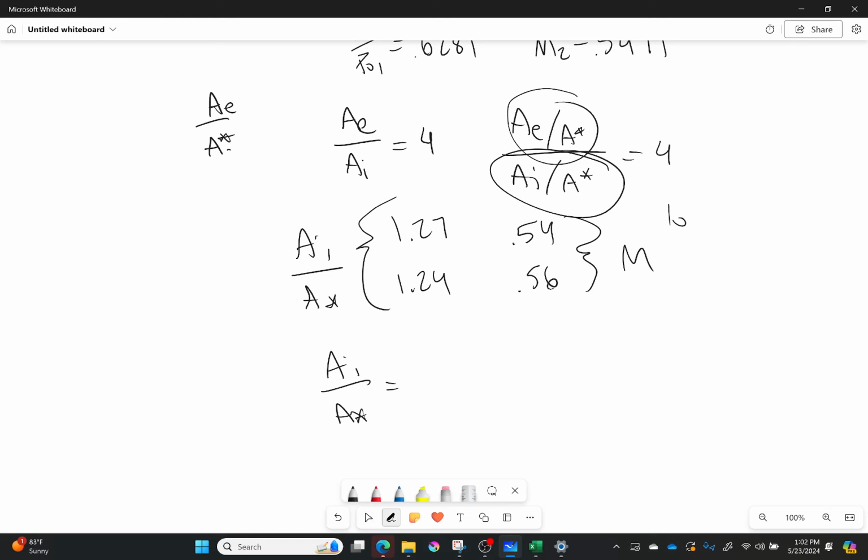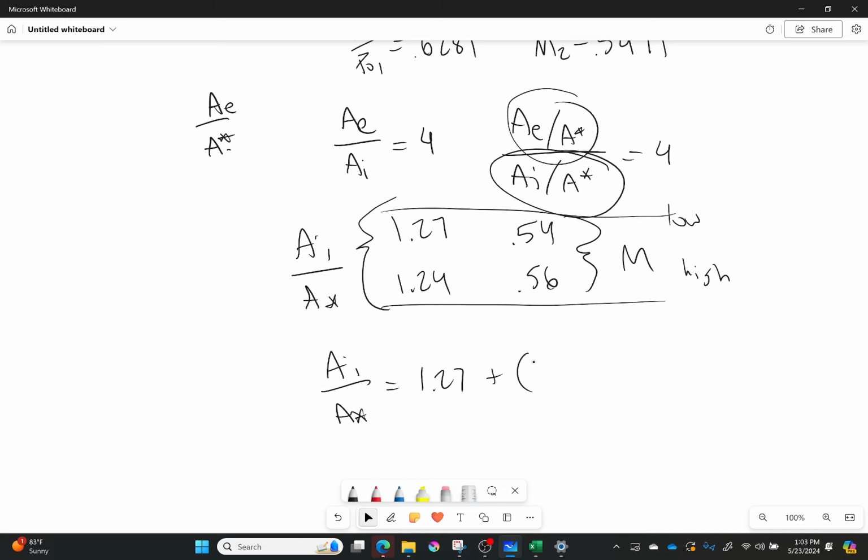I'm going to choose this is low and this is high because I'm basing it off the Mach number. That means that both these values are high and both those values are low. So AI over A star low, which is 1.27, and then I'm going to add on to that the difference between what I know and what I don't know, which is my Mach numbers.